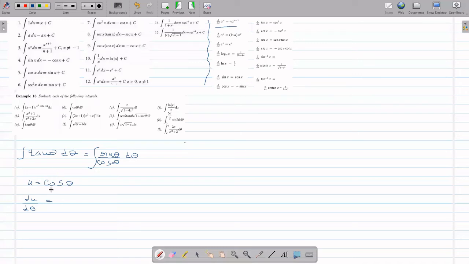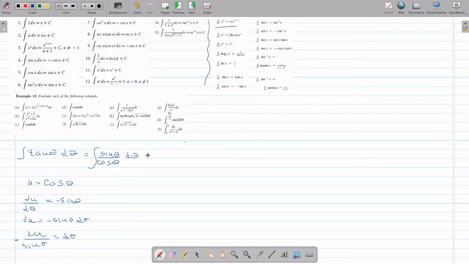So I get minus sin theta. Then I take d theta to the other side, minus sin theta d theta, okay? Then I get du.